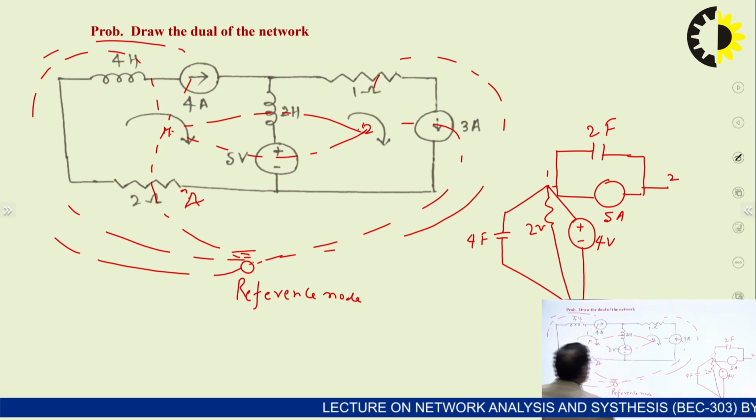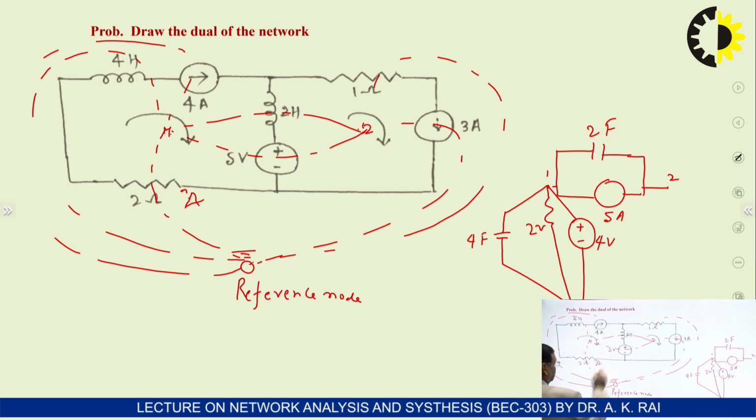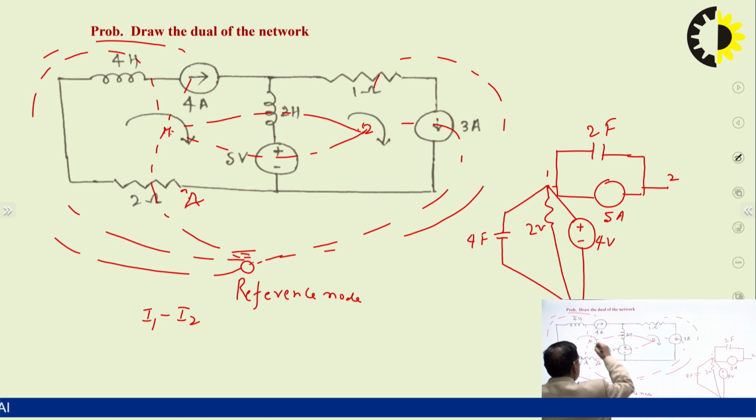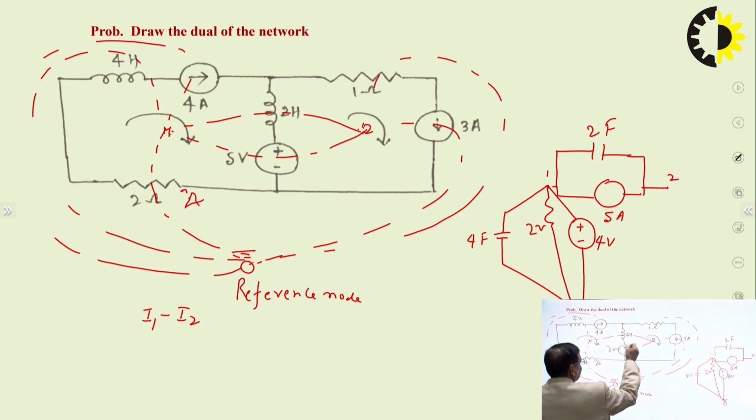Suppose this I1 minus I2, it means I1 minus I2 is entering the plus terminal and leaving the negative terminal.